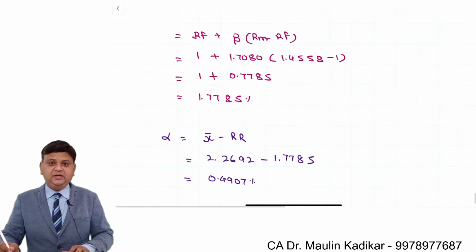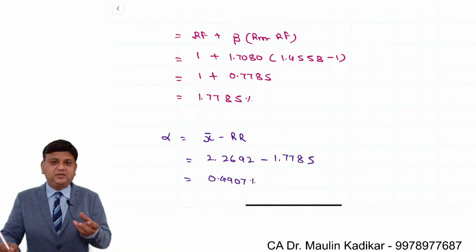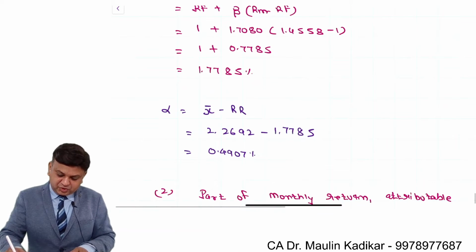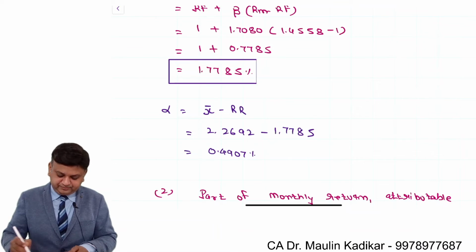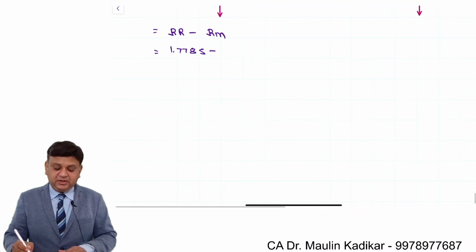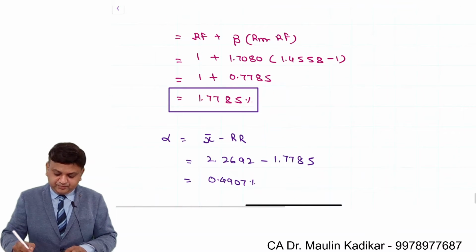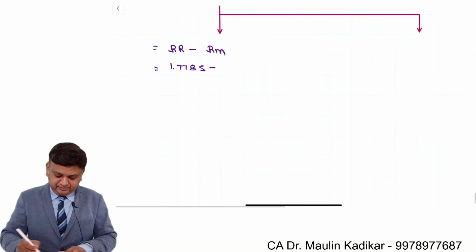We understand that since the investor has made investment in a portfolio which has beta more than 1, the required rate of return is 1.7785. So 1.7785 minus return on the market portfolio. Return on the market portfolio is 1.4558.